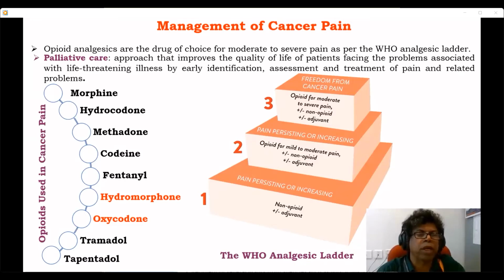Some of the opiates used are morphine, hydrocodone, methadone, codeine, fentanyl, tramadol and tapentadol. I think hydromorphone and oxycodone are not available in India; they are particularly marketed in the United States. Otherwise, most of these drugs are available in India to manage cancer pain.